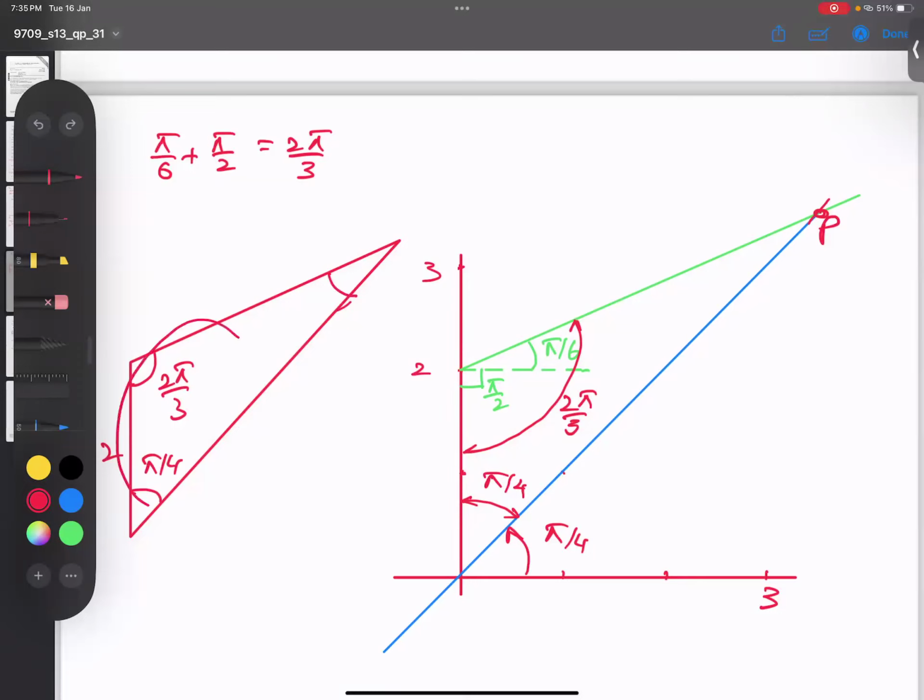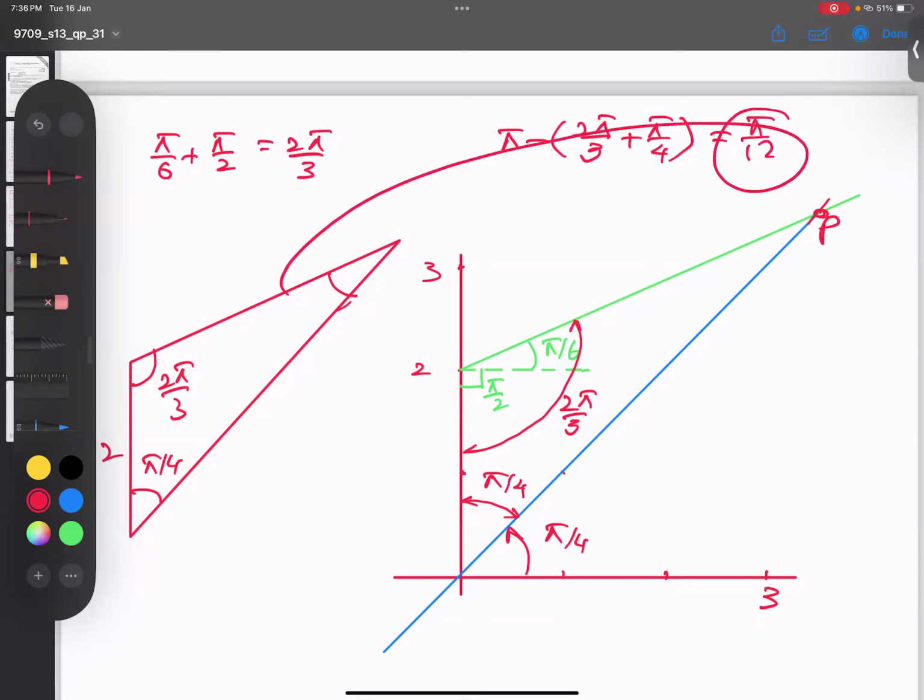From pi, I mean 180 degrees, subtract these two: pi minus 2 pi by 3 minus pi by 4. If I type in the calculator 2 divided by 3 plus 1 divided by 4, the answer is coming 1 by 12. So pi by 12, and this angle is coming here.